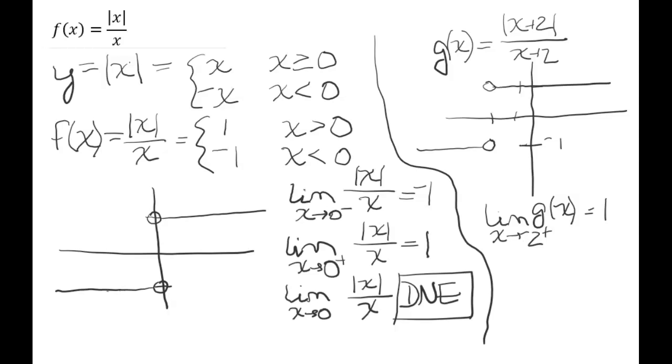From the negative side, I'm going to get -1, and overall the limit of this function as x approaches -2 doesn't exist. So it's going to different places from the left than it is from the right.